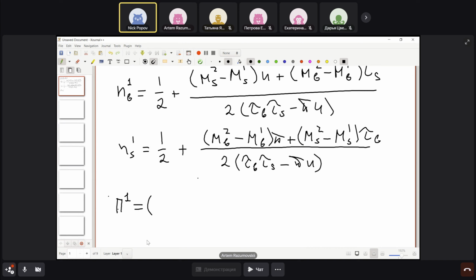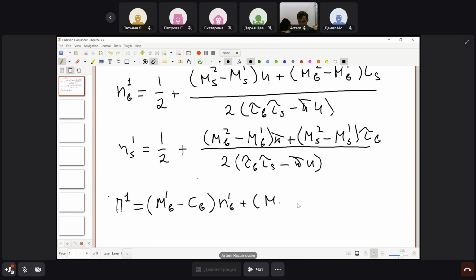It's m buyers minus c buyers multiplied by the number of buyers, plus the same thing for sellers. Yes, and we need to specify that for platform one. It's true. Thank you, Nick.